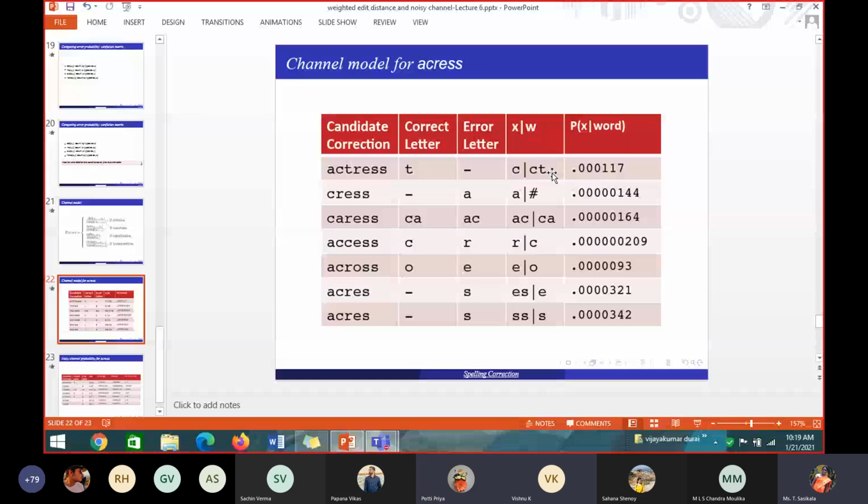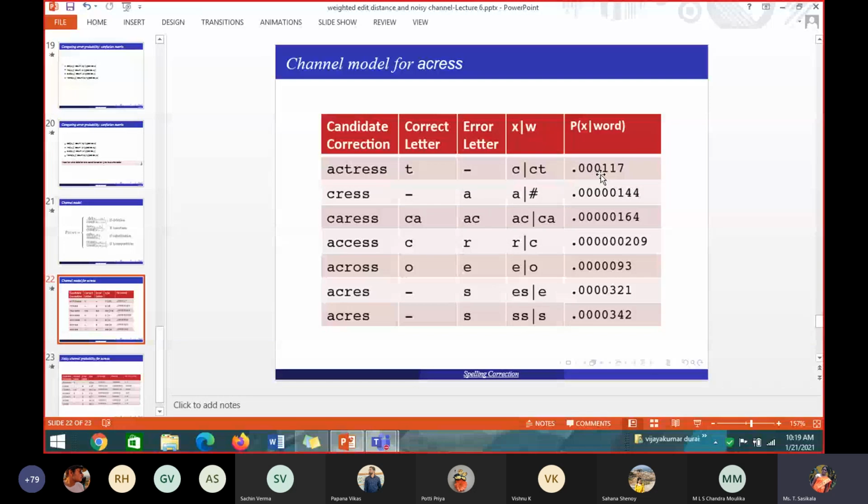Very good. What is the probability that among all the times CT occurs, T gets deleted? That is, how many times I am seeing CT in my corrected corpus, and in that, how many times I am seeing C alone in my error corpus. They have given some values for this probability.